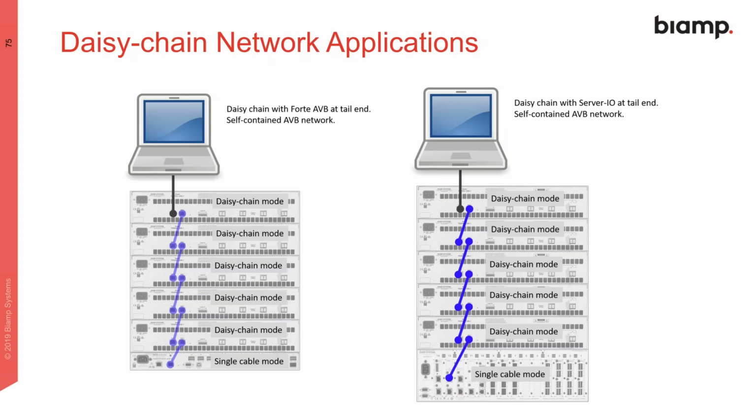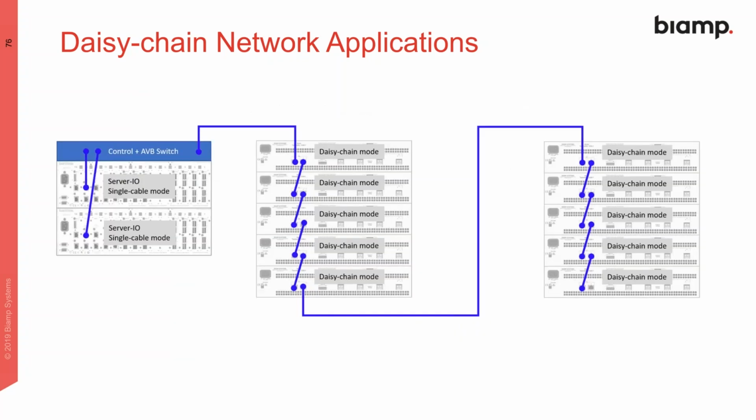Same application, we've got a Forte on the left stack, a server IO on the right stack. Both are perfectly happy. They're connected single cable mode through the AVB port of each of those devices. We could set it up where we go out and hit a couple of amp racks. Again, our weakest link is that network cable.